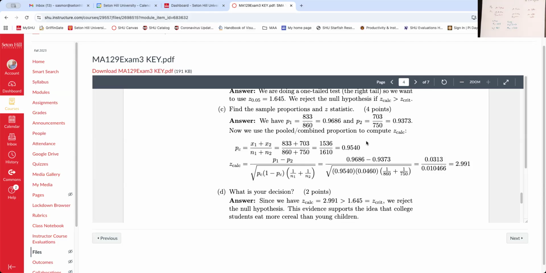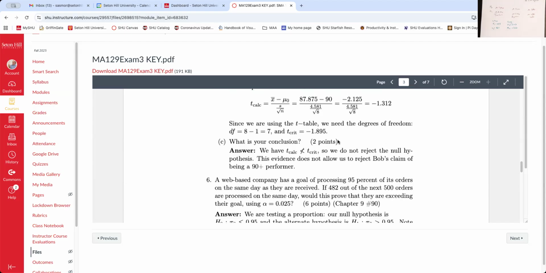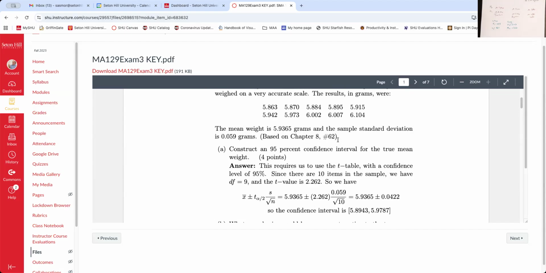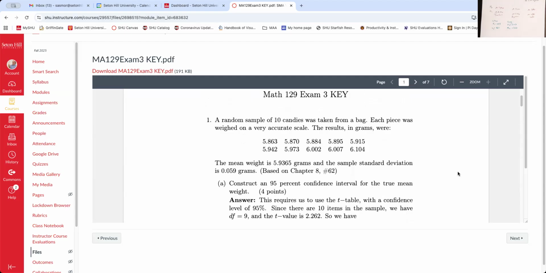So I believe there was a problem back here at the beginning that said, I have a bunch of things and I weigh them and I put them on a scale, right? And the question was, should I do T or Z? Because this is a confidence interval, but it's the same idea. Should I use the T value or the Z value to get this?